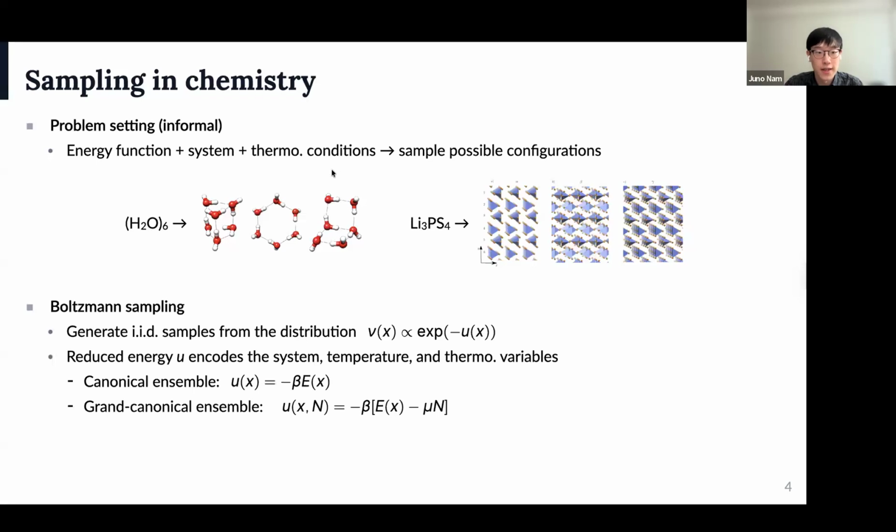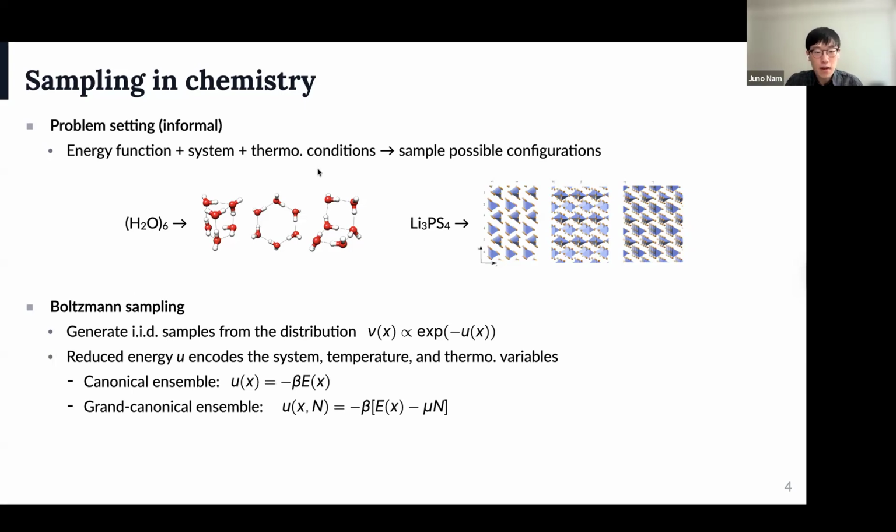So this is formalized as sampling from the Boltzmann distribution. Ideally, we want to generate samples from the distribution given by the exponential of the negative reduced energy function, which encodes the information from the base energy function and also the system and thermodynamic variables.